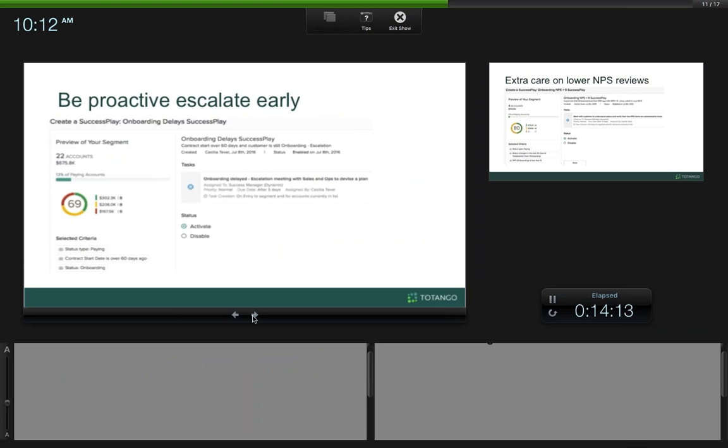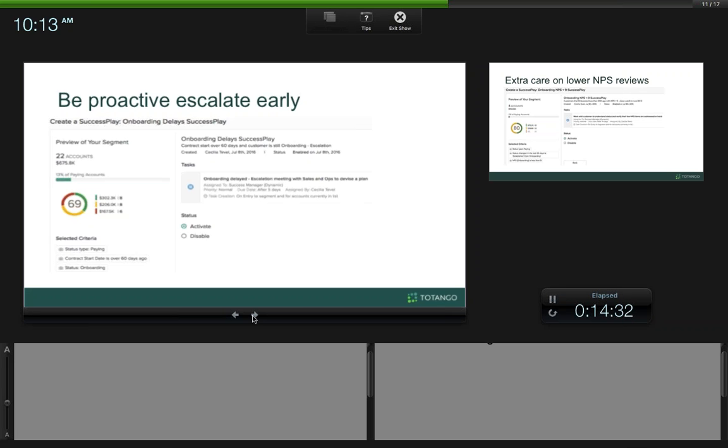Another benefit of the success plays is allowing your team to be proactive and get in front of a problem ahead of a disaster. So you can really be proactive and escalate early. Here's an example success play that we have set up when onboarding is delayed beyond a certain time frame.